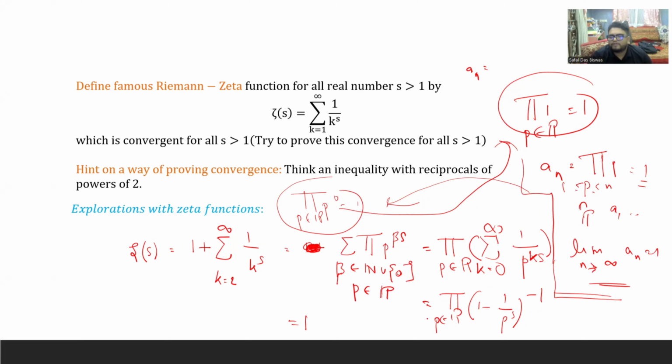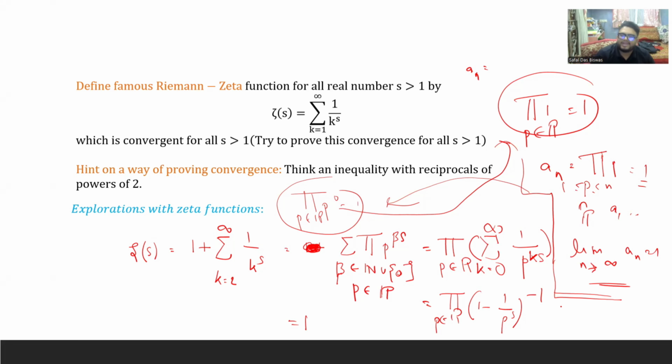So the product over p belonging to P of (1 minus 1 by p to the power s) to the power minus 1. This is just a geometric series, right? Everyone knows this is just a class 5 thing, right? Okay, I'm just kidding. This is from class 11, standard 11. But those who like maths, I think they have already done it in class 7 or 8.